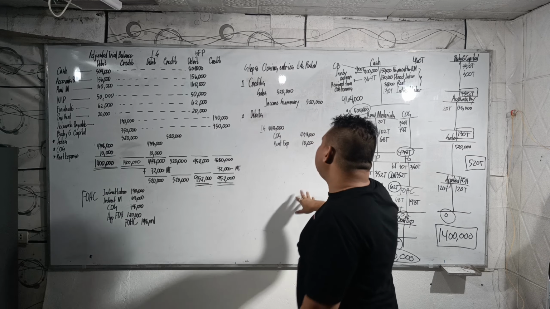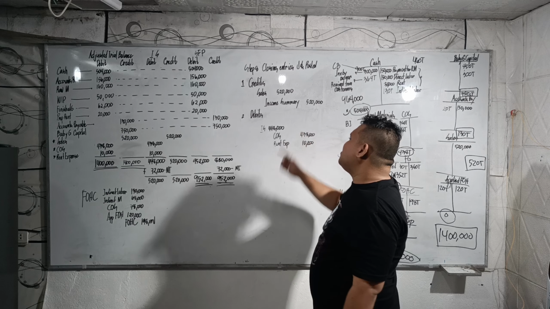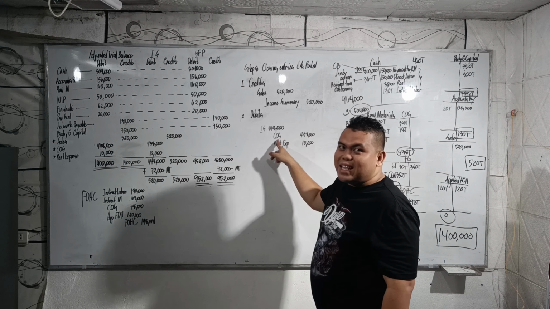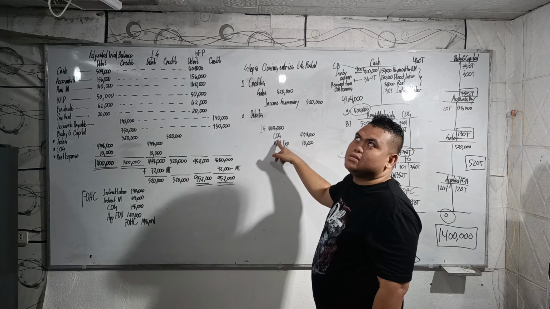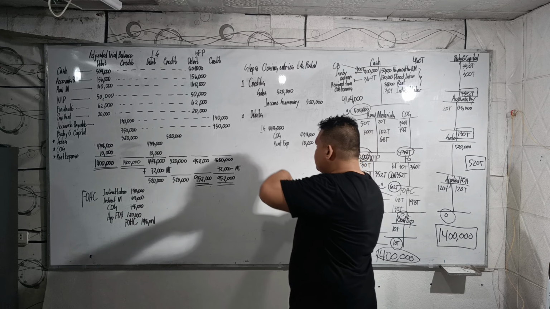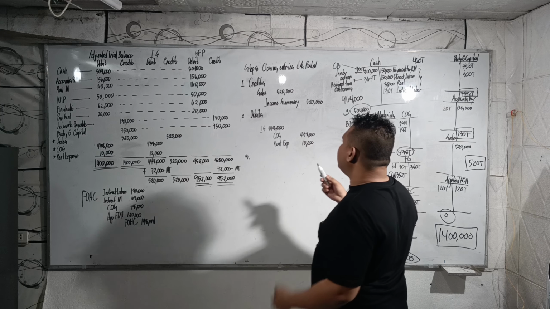In this case, to have our video shorter, let's just have cost of sales, although we know that this cost of sales is complicated in its computation or composition.